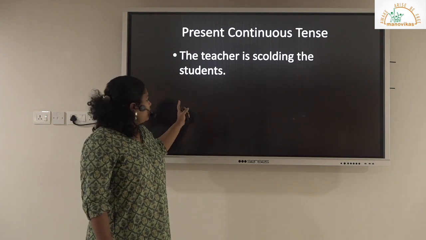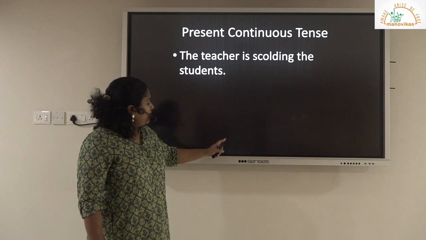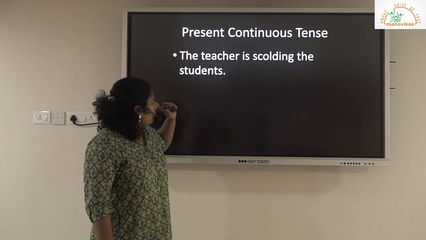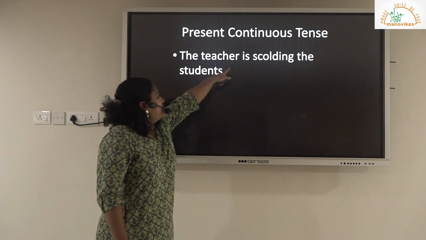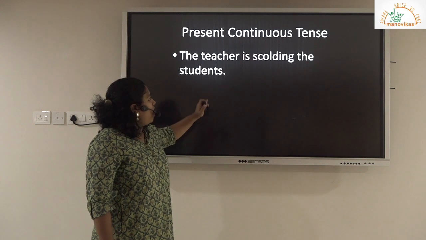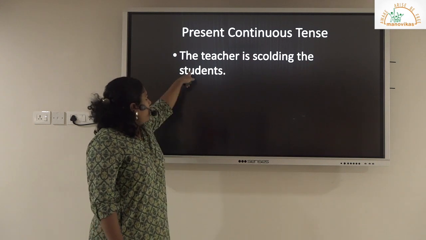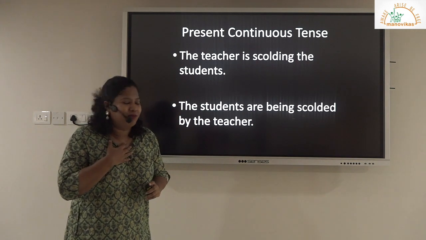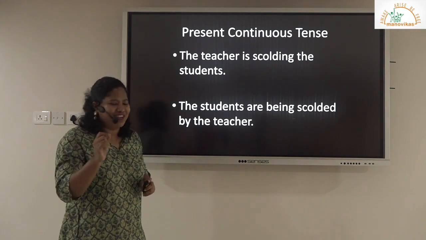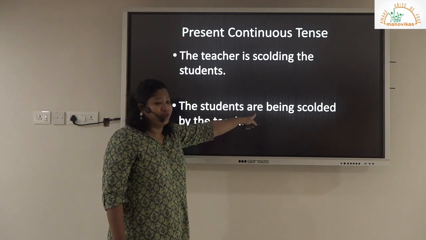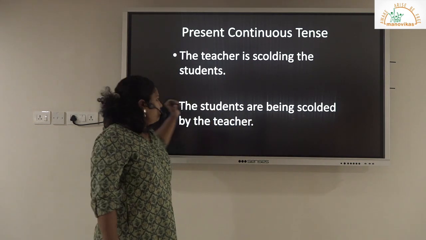So the students were being scolded, or sorry, are being, not were. My mistake. Present tense. Okay, so not were. The students are being scolded by the teacher. Okay, that's what I said. Even I can make mistakes. That's why be very, very, very careful. Since this is in present form, you cannot use were, you use are.